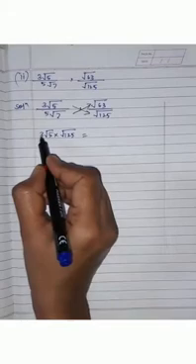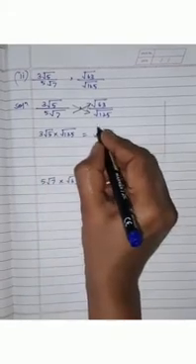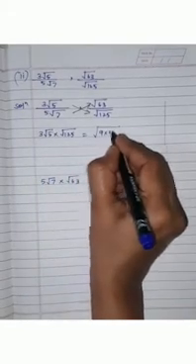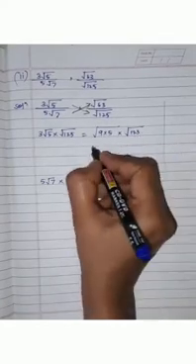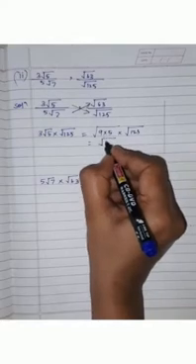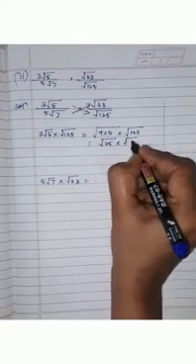That means 3 root 5 we have to multiply with root 125, and 5 root 7 we have to multiply with root 63. Okay, now here you can see the 3 is outside the root. So when it comes inside the root, it comes out to be 9 multiplied by 5 multiplied by root 125. Now this comes out to be 9 times 5 is 45 multiplied by root 125.